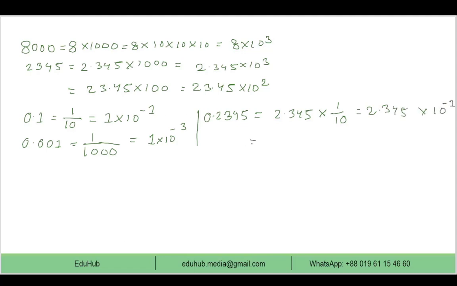We can also express it as 23.45 into 1 by 100. That means it is 23.45 into 10 to the power minus 2. So this is our prior required knowledge to solve our today's problem.